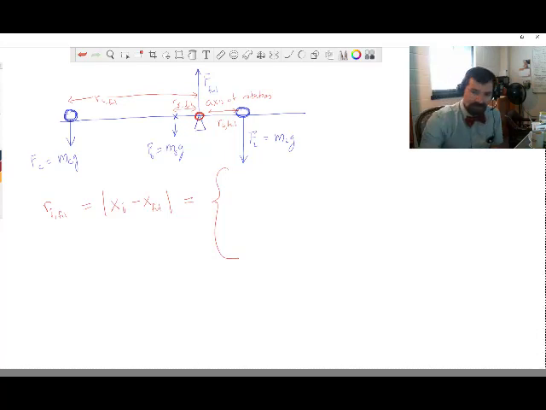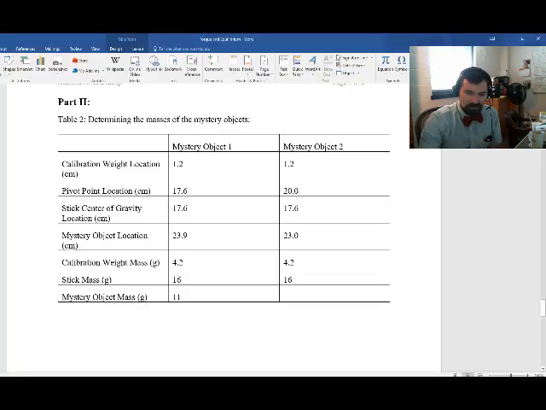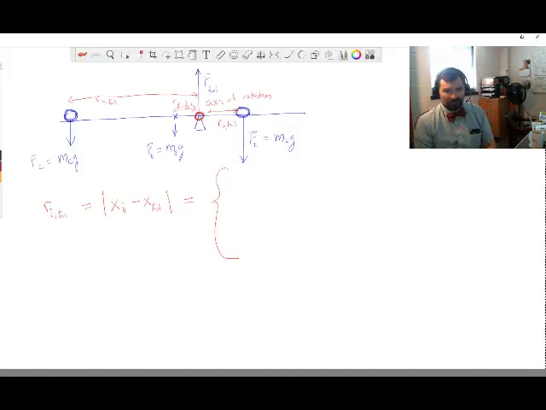Now we've moved the fulcrum to the 20 centimeter mark. The pivot point location of the fulcrum is at 20 centimeters. Okay, so that means that this right here, the calibration weight, x sub c, is 1.2 centimeters minus 20 centimeters.